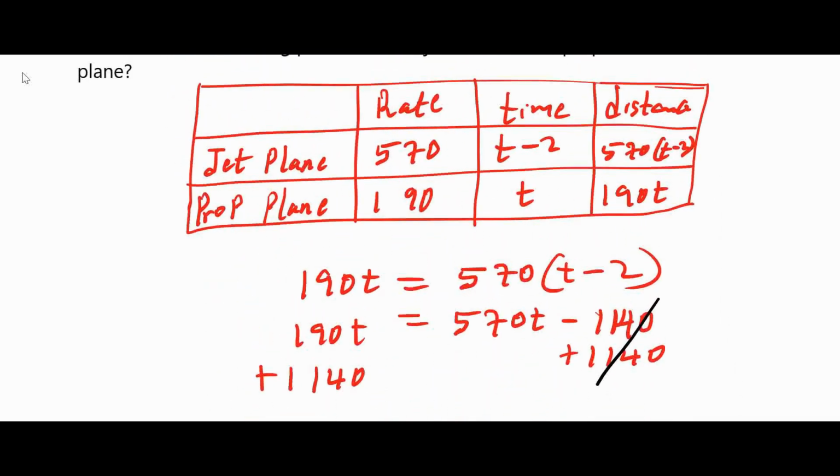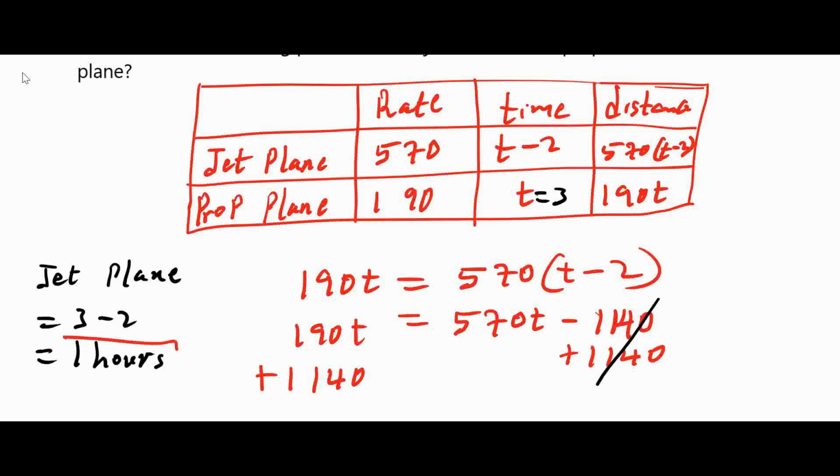So it means that the propeller driven plane will spend 3 hours, while the jet plane would spend 3 minus 2, which is equals to 1 hour before overtaking the propeller driven plane. So this is the answer to this question, and I hope it makes some sense.